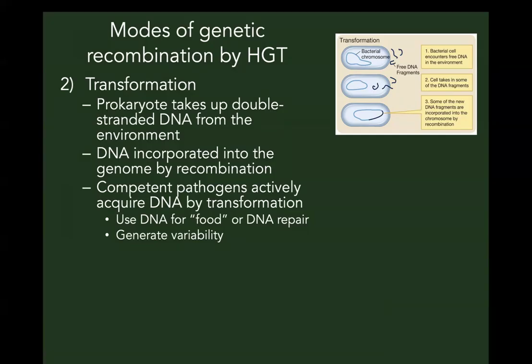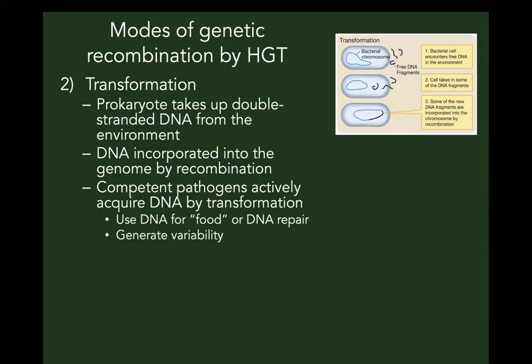Okay. So, and yeah, the incorporation happens by recombination. So first the little squiggles of DNA are just taken up within the cell, and then through a process similar to crossing over, those little squiggles of DNA from outside sources end up getting incorporated into the host DNA. We refer to pathogens that can take up these pieces of DNA as being competent. And yeah, when they take up this DNA, they're using it for various sorts of things.